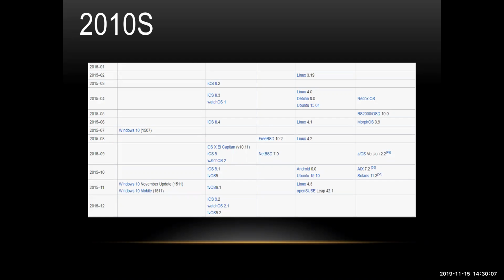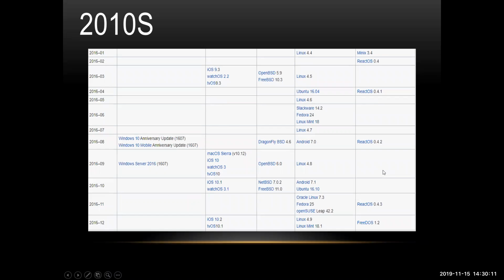And then, so moving forward for the year 2016, January we had Linux 4.4 and Minix 3.4. Then February we had ReactOS 0.4. March we had iOS 9.3, Watch OS 2.2, and then tvOS 9.3. And then we had OpenBSD 5.9, FreeBSD 10.3, Linux 4.5.